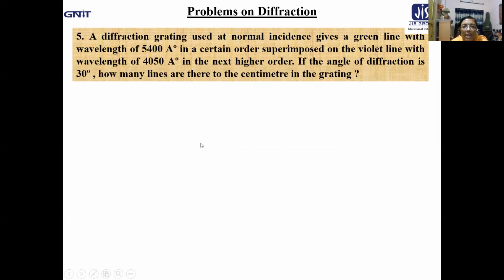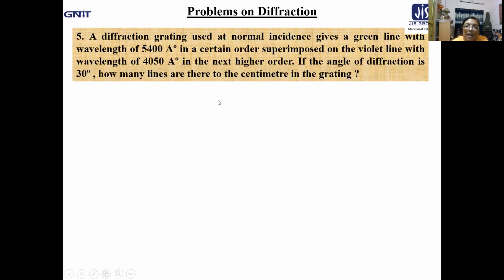A diffraction grating used at normal incidence gives a green line with wavelength of 5400 angstrom in a certain order superimposed on the violet line with wavelength of 4050 angstrom in the next higher order. If the angle of diffraction is 30 degrees, how many lines are there to the centimeter in the grating?